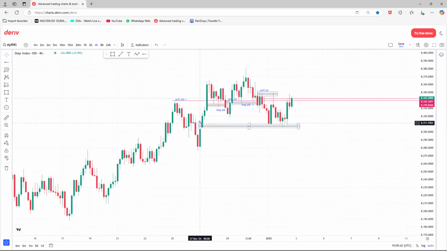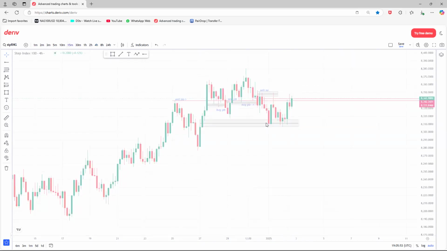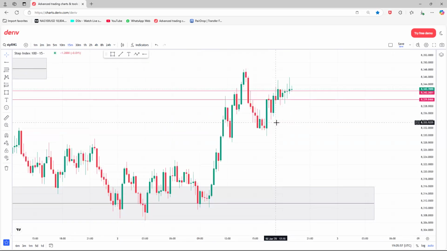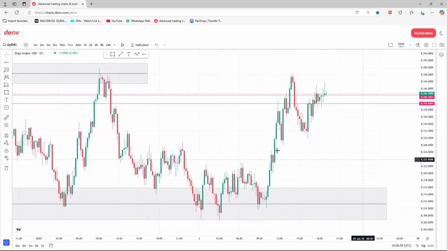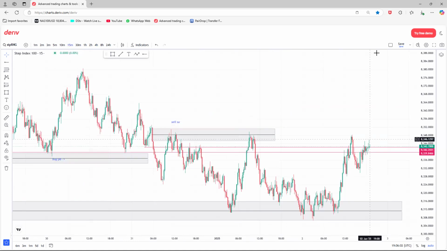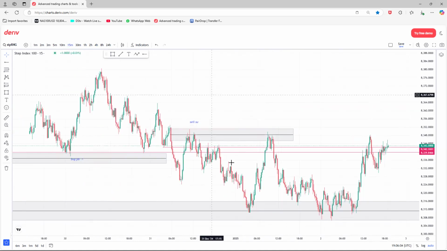So let me throw the whole thing nice. As you can see, I'm explaining what is on the chart, by the way. That's what I was seeing the whole day. So that means Step Index is still going to continue going higher. Fine.